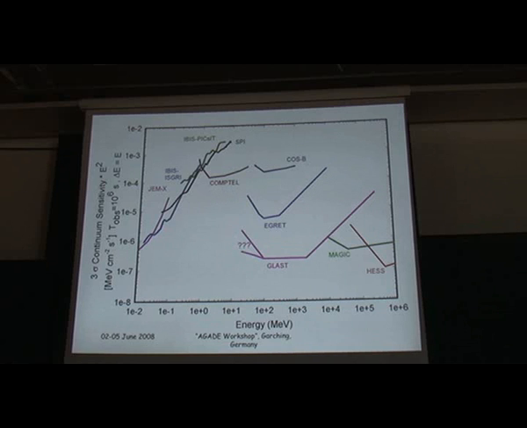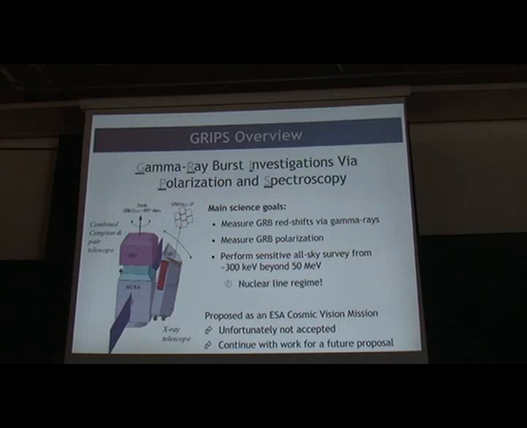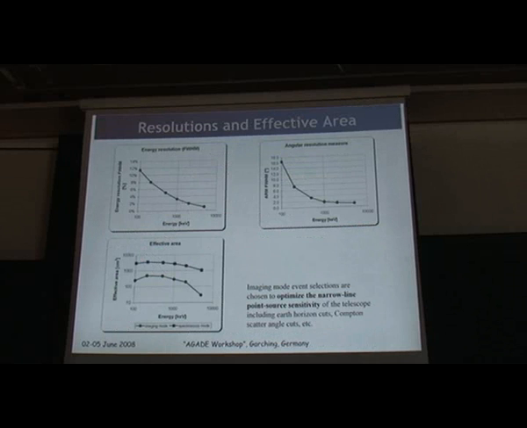Because as I said at the beginning, the MeV region is very rich for new information. To cover this gap, a mission like GRIPS would be very proper, with its effective area exceeding 1,000 square centimeters and energy resolution of about 1% at 1 MeV.